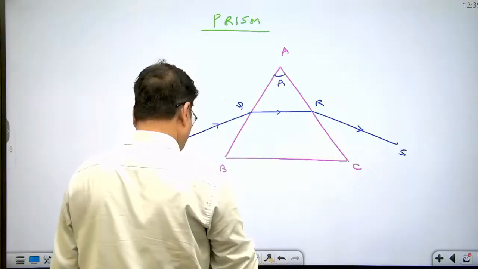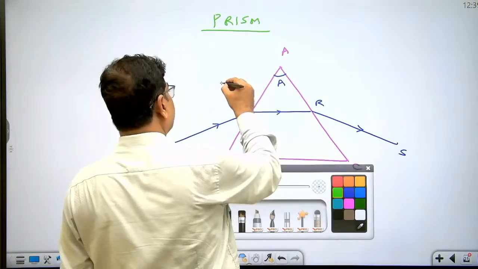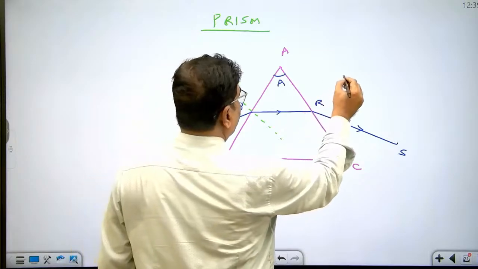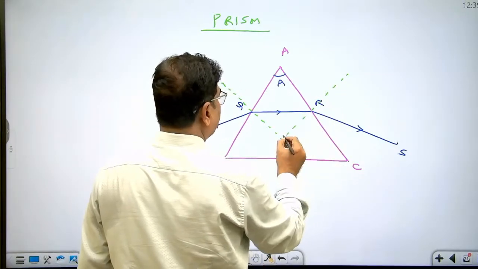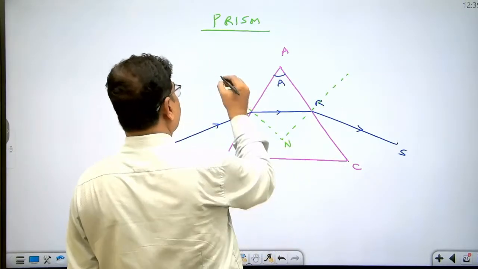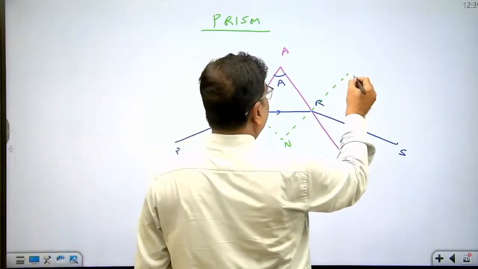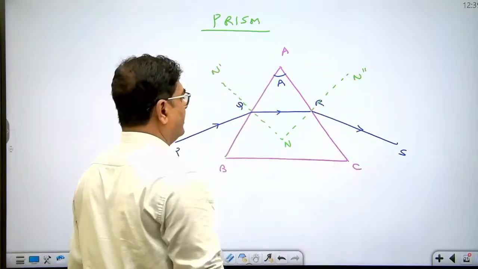This is the normal to the refracting surface AB, this is the normal to the refracting surface AC, and this is the common intersection point. NN dash is normal to AB and NN double dash is normal to AC, okay?